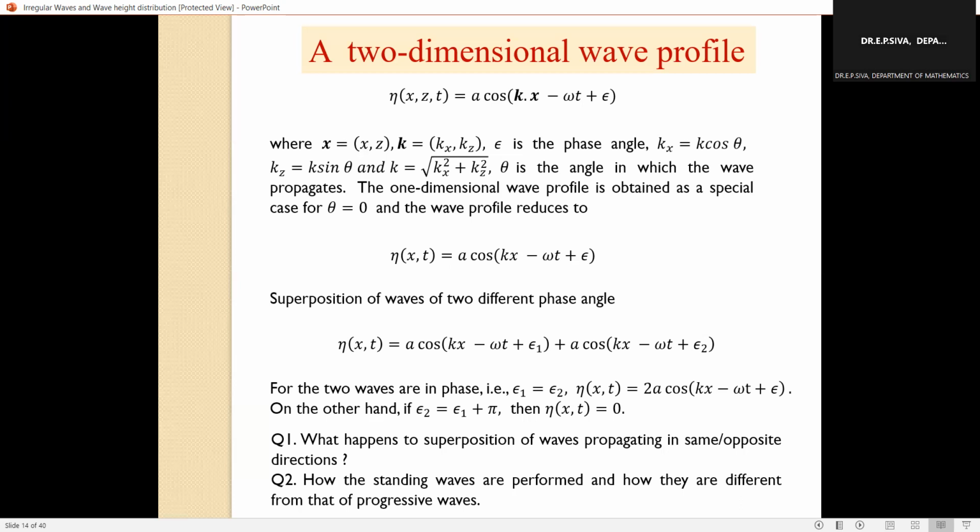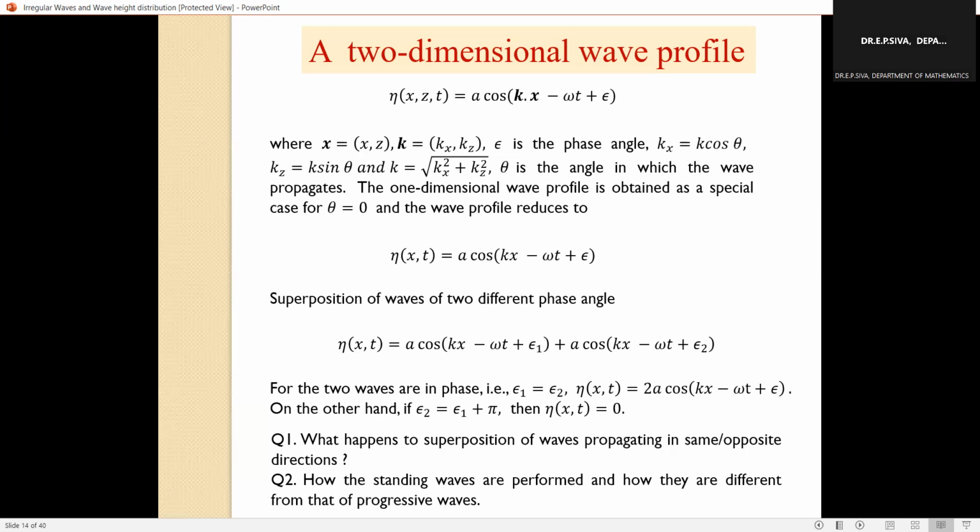Now I take two examples. Suppose I have a wave propagating with a phase epsilon. I change the phase. What happens? I'll give an example of how a phase difference can matter a lot. Let's take two waves, one with epsilon 1 and the other with epsilon 2. What is the superposition of these two waves?